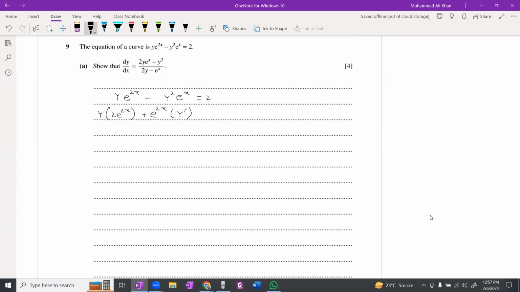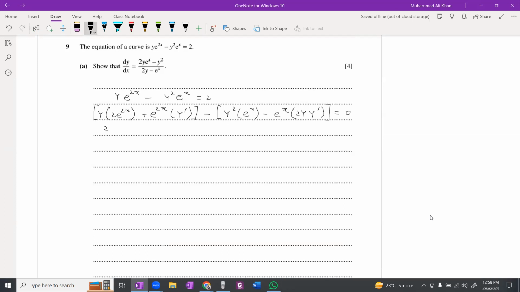This is the first term, differentiation of the first term, and now differentiation of the second term. U, the derivative of v, e power x is e power x, minus v, the derivative of u. It will be 2y, y dash, equals to derivative of 2 is 0.